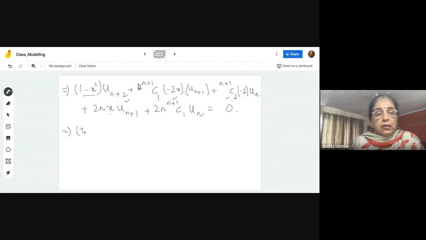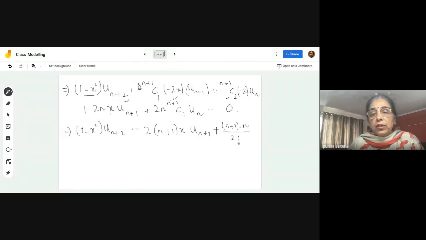So we are going to get (1 minus x square) u(n plus 2) minus, now n plus 1 C1 is n plus 1 only. So it will be minus 2(n plus 1) x u(n plus 1). n plus 1 C2 will be what? (n plus 1) into n upon 2 factorial. Okay. And then a minus 2u(n), right?